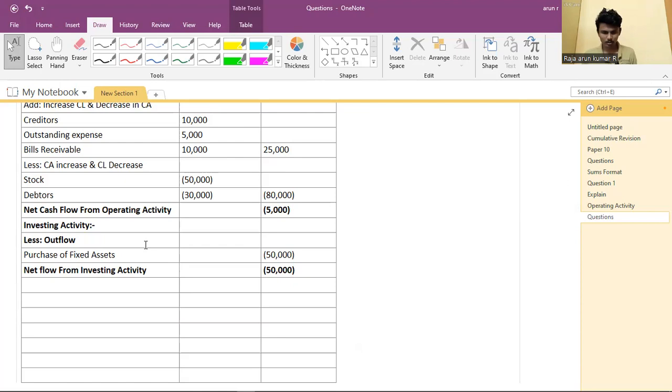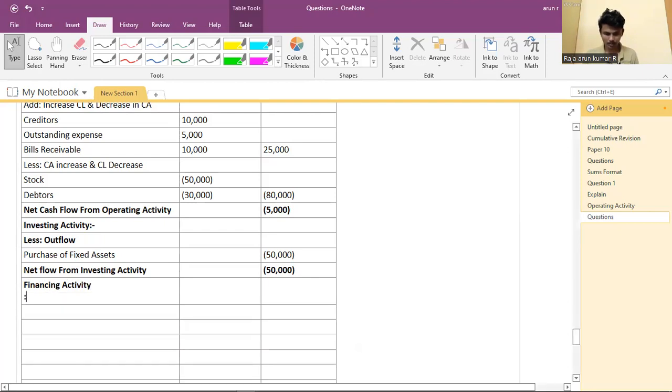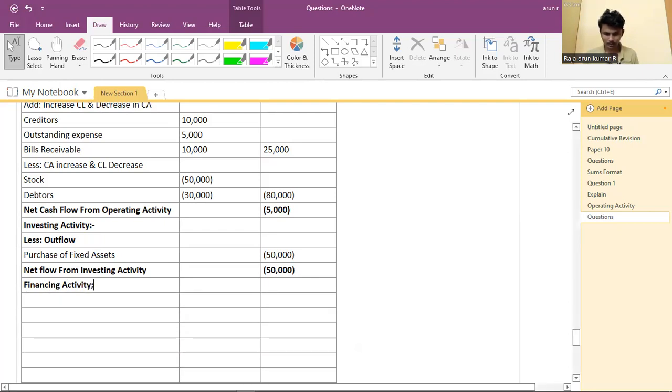Okay, then financing activity. In the financing activity, what are the transactions that come? We can see that, add the cash inflow.